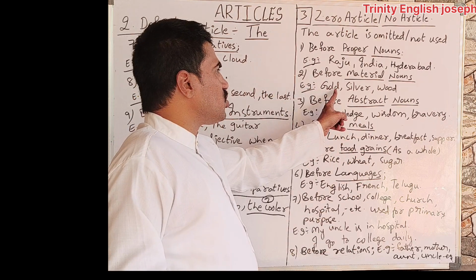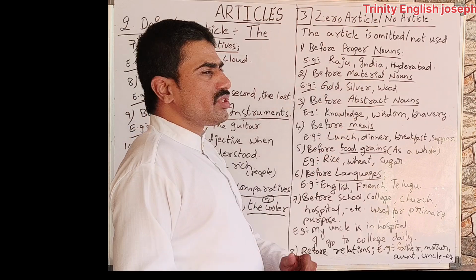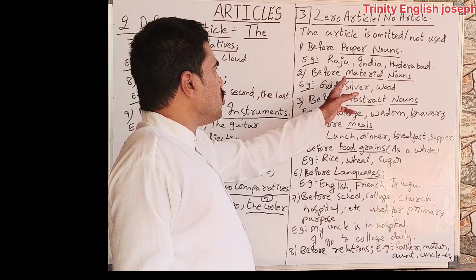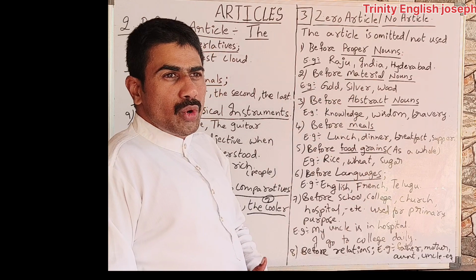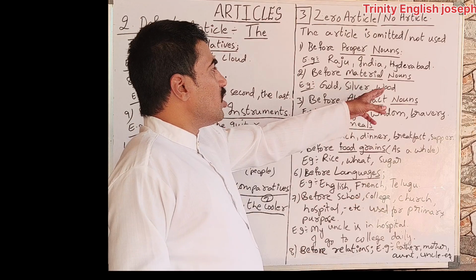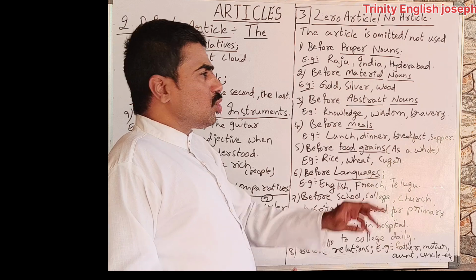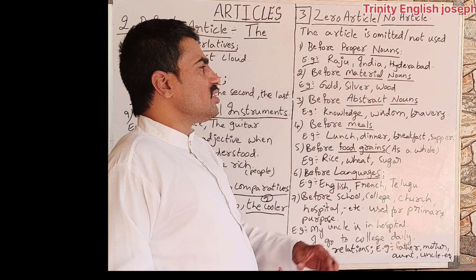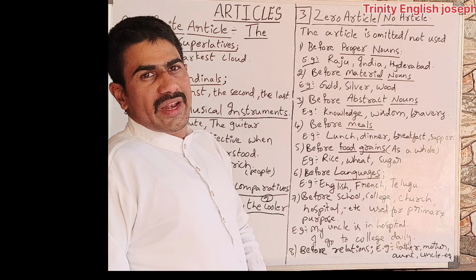So in that way, gold is the source material. When you talk about such materials, we use no article before them, like gold, silver, wood. We make a lot of furniture, doors, windows, many things, so wood is the common thing in them. This is the source material. All such things are known as material nouns.